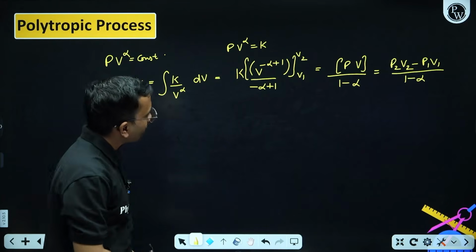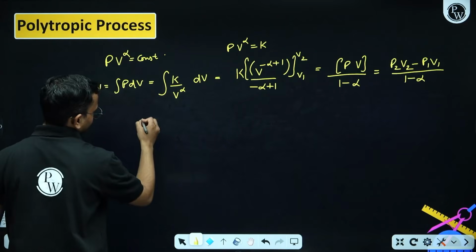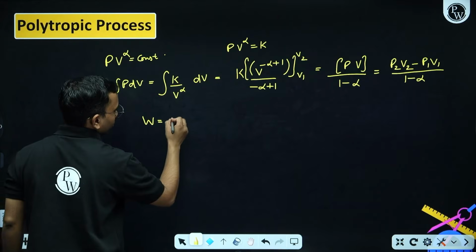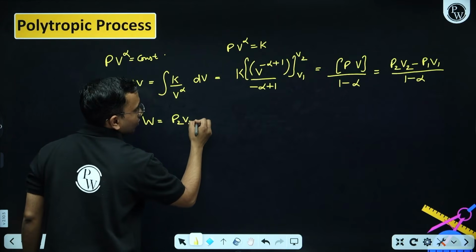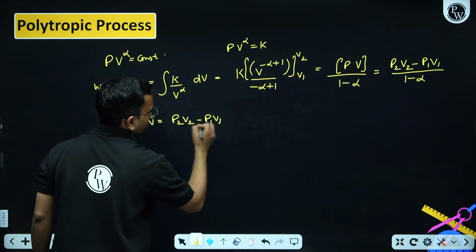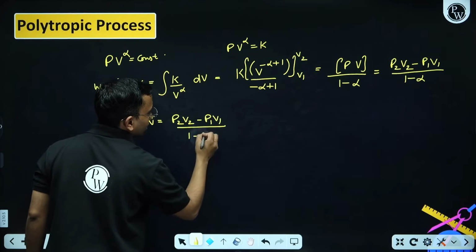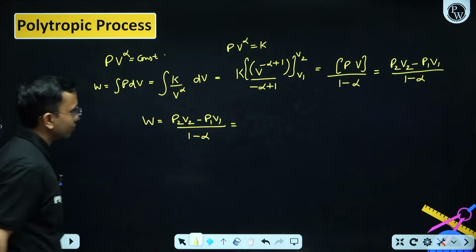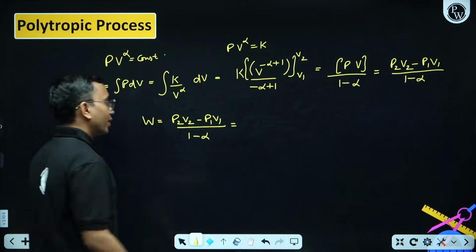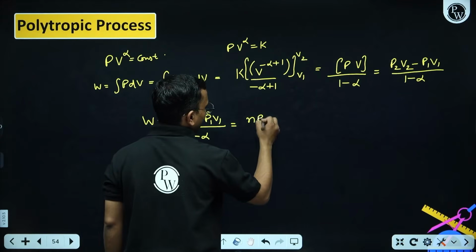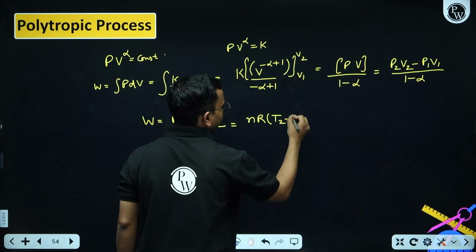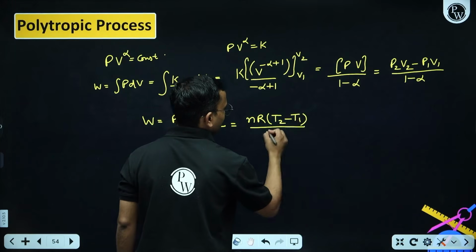Okay, so work done comes out to be (P2V2 minus P1V1) divided by 1 minus alpha. PV is equal to nRT, so this is nR(T2 minus T1) divided by 1 minus alpha.